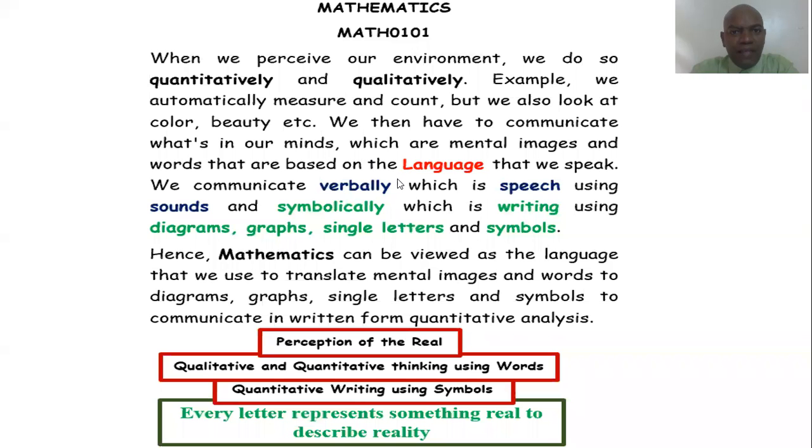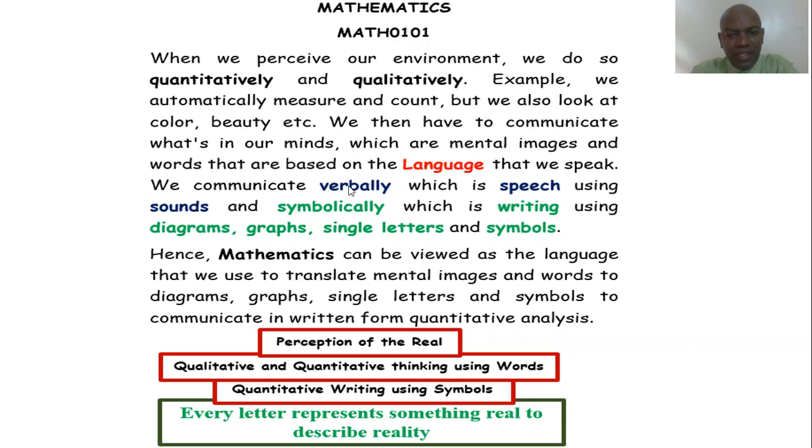Mathematics. Math 0101. When we perceive our environment, we do so quantitatively and qualitatively. For example, we automatically measure and count, but we also look at color, beauty, etc. We then have to communicate what's in our minds, which are mental images and words based on the language that we speak.